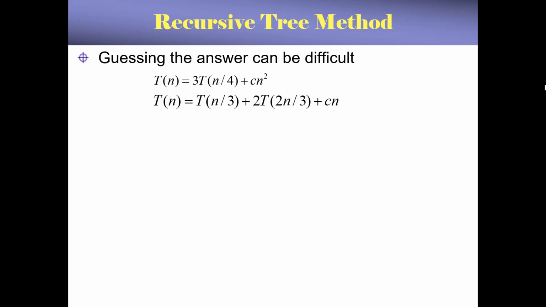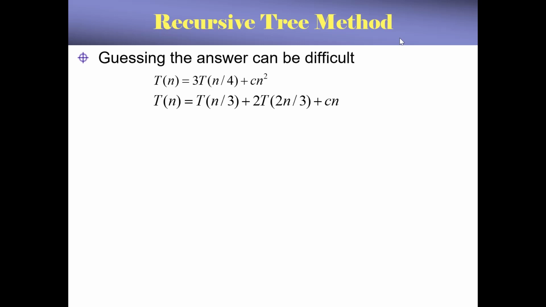Now let's look at the second method of solving recurrence relations, which is called the recursive tree method. Like I said, the recursive tree method is not really accepted to be a rigorous proof.